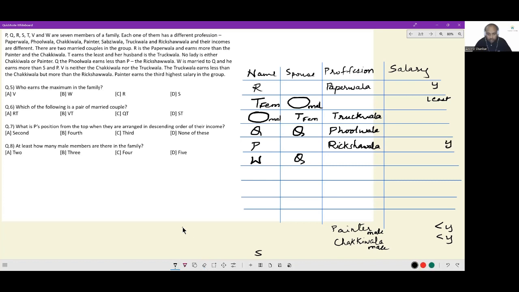If this is X, this has to be less than X and this has to be greater than X. And S is lesser than W. I need 7 rows only: 1, 2, 3, 4, 5, 6, and 7.